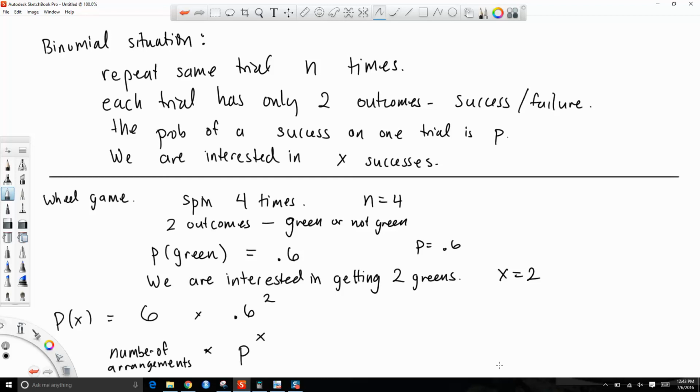The probability of a success, 0.6, needs to happen 2 times, raised to the x power. Times the probability of a failure, 0.4 raised to the 2 power. So this is multiplied by 1 minus p, the probability of a failure, and this has to happen n minus x times, because we have a total of n trials.